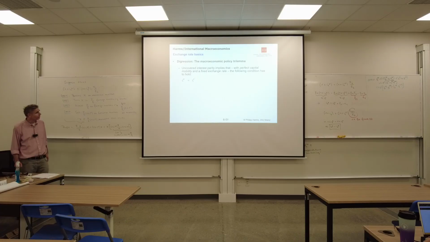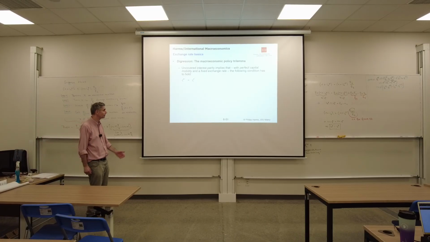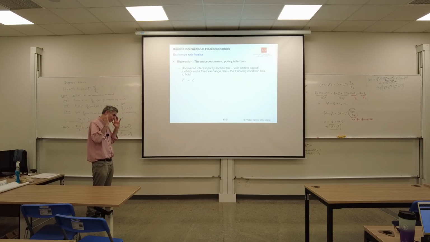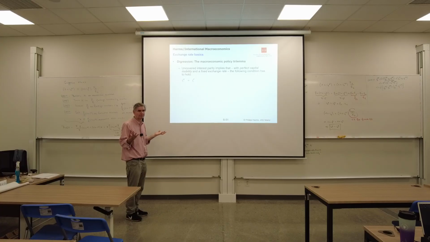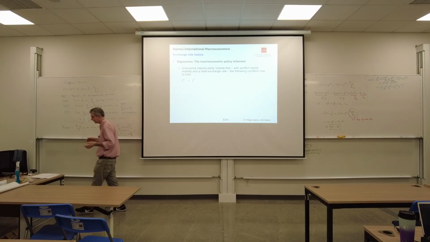So uncovered interest parity implies that with perfect capital mobility and a fixed exchange rate, the following condition has to hold. So if you have perfect capital mobility, and if you have a fixed exchange rate, then you cannot set your own monetary policy. That's the implication.